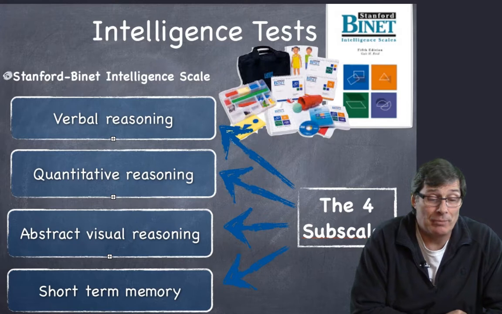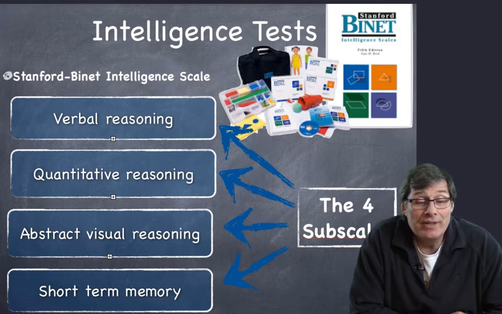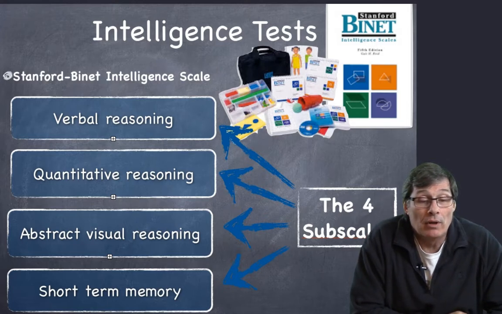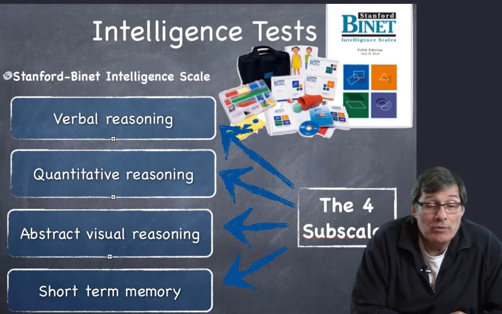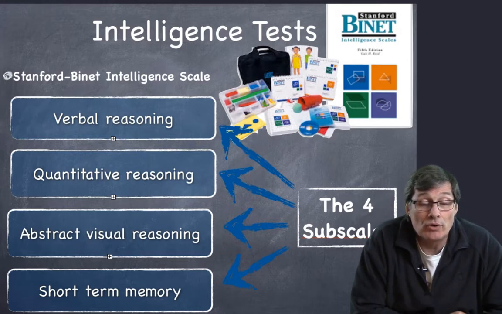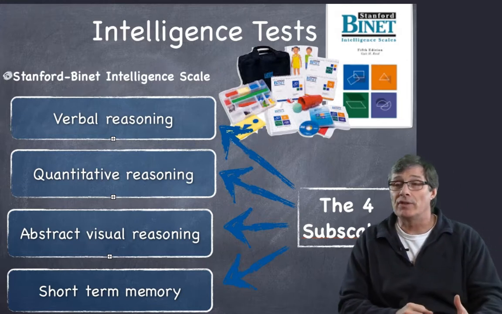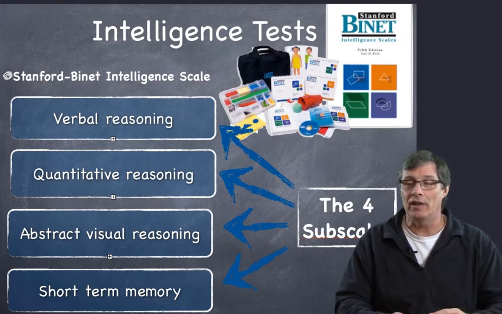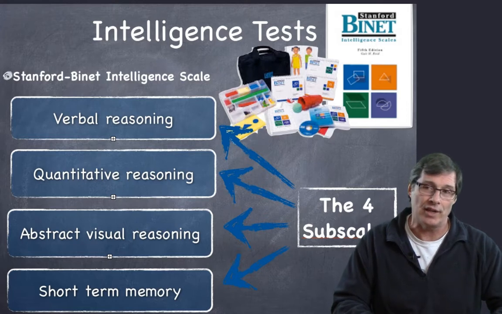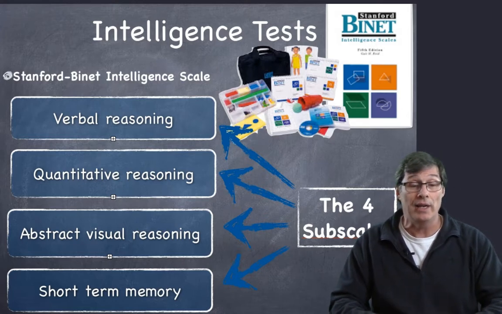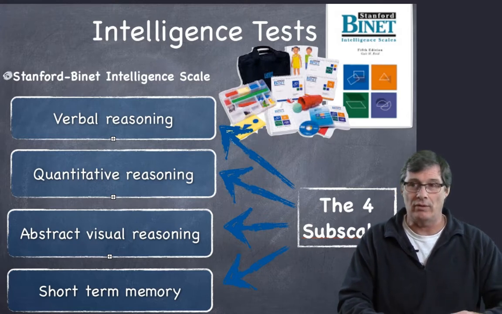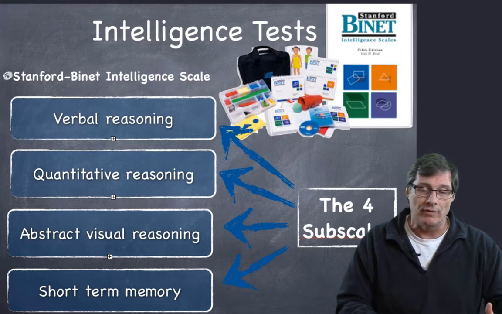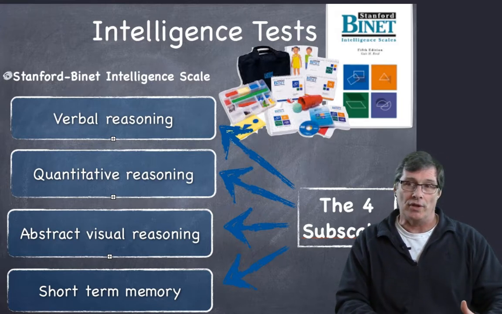And he had 4 subcategories here: verbal reasoning, quantitative reasoning, abstract visual reasoning, and short-term memory. And there'd be a series of testing. You'd have a testing kit and a person who was trained in delivering the test in this standardized way would then be giving these test activities to an individual, and then based on the results would be able to give them an IQ score.